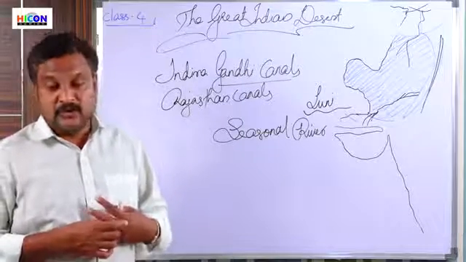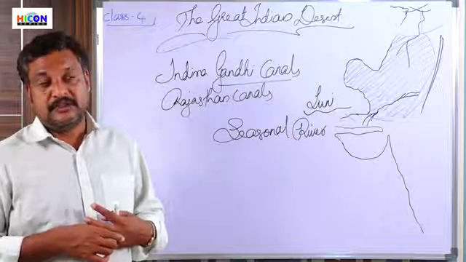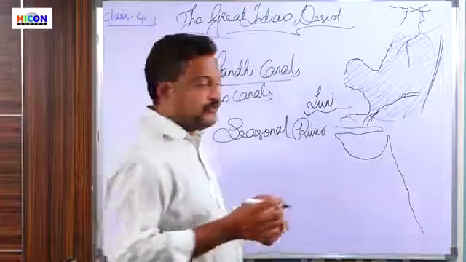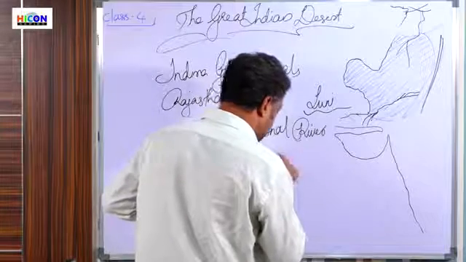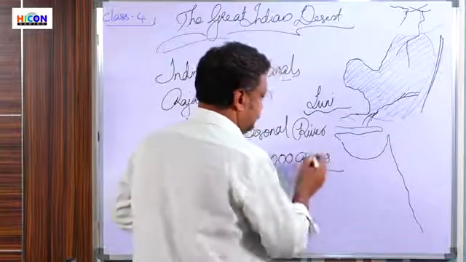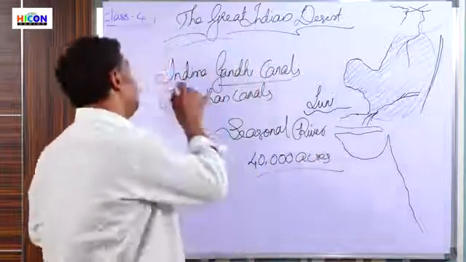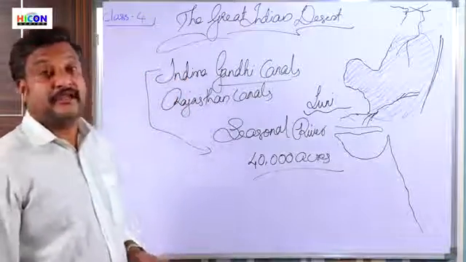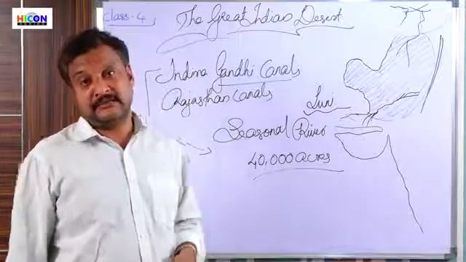Now, we are irrigating a large area, something around 40,000 acres. So what is the total land area that is being irrigated by the Indira Gandhi Canal? 40,000 acres of land is irrigated by this canal.